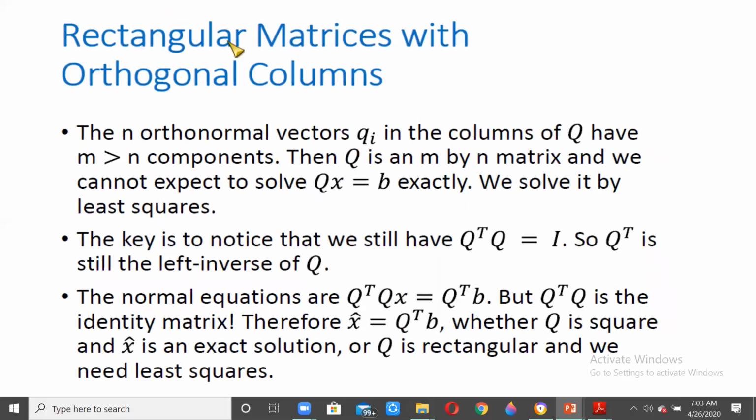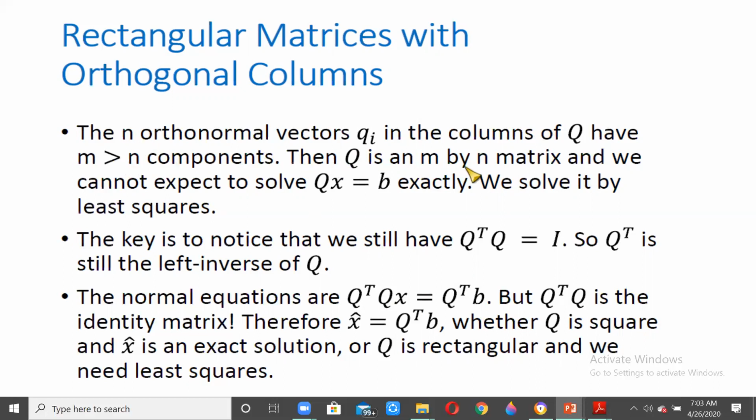Now let us consider the rectangular matrices, not the square matrix. Till now we considered the square matrices. So now we'll consider the rectangular matrices with orthogonal columns. Rectangular matrix just means we'll have m greater than n. The number of rows is more than the number of columns. The n orthonormal vectors Qi in the columns of Q, with the number of rows greater than the columns.